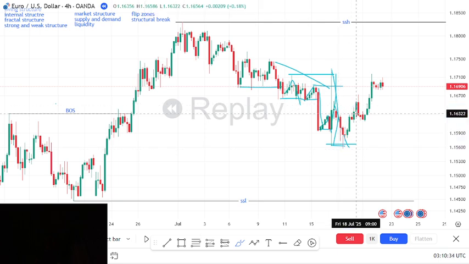So when price taps into these liquidity pool areas, there has to be a reaction. And that's why anytime we break a structure, we are expecting a pullback, because we assume that price has tapped into a liquidity zone, a very large or massive liquidity pool.